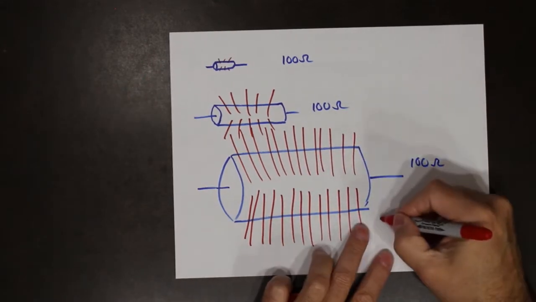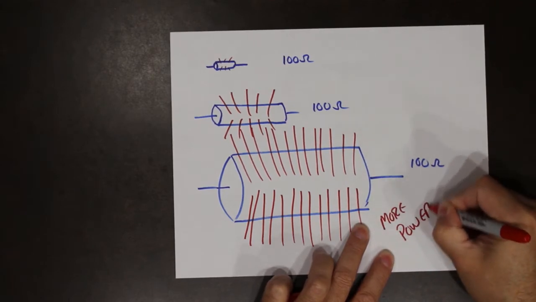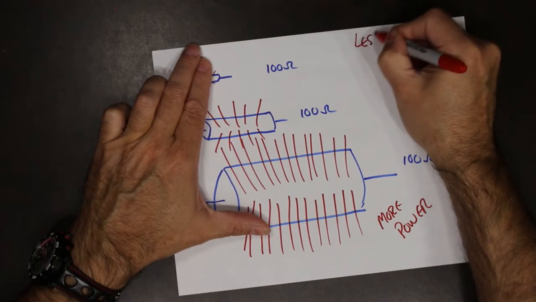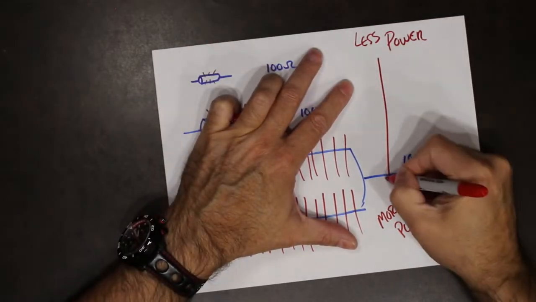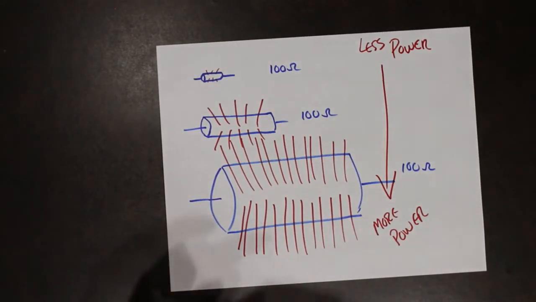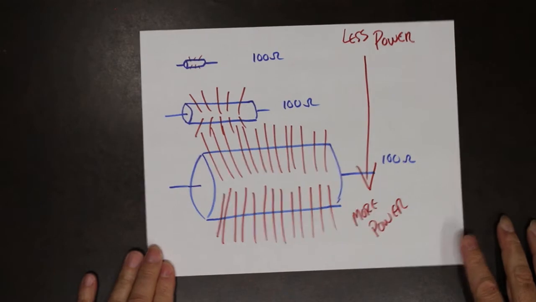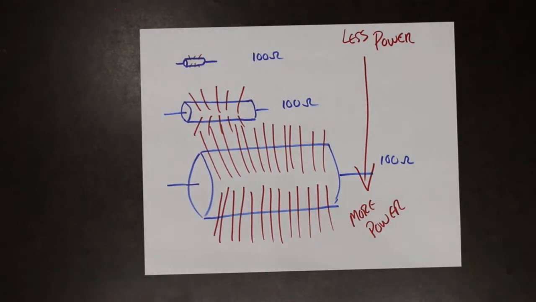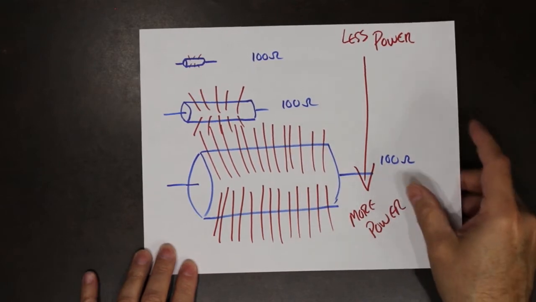More heat, so more power. Less power. So the physical size of the resistor determines how much power we can actually get rid of.